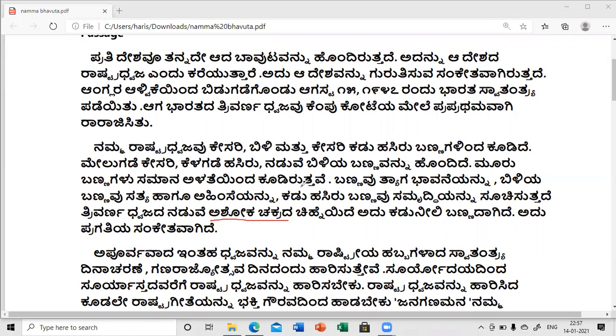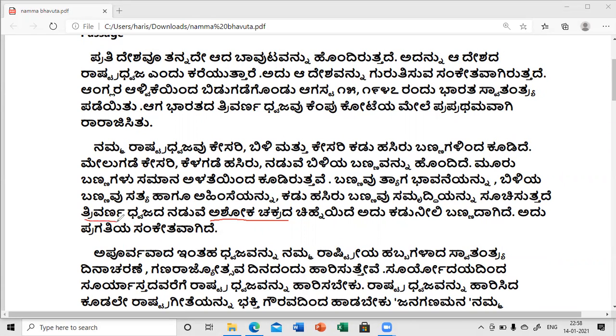All right, so after the three different colors that we mentioned, it would be just below that. You would have to understand this fact that whenever they talk about the three colors, they also talk about Ashoka Chakra by default. So you would be getting this just below the mention of these three colors.